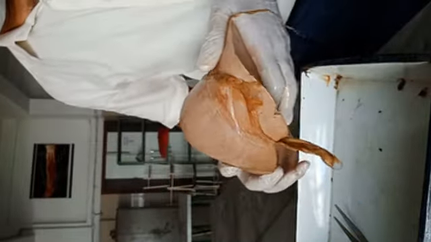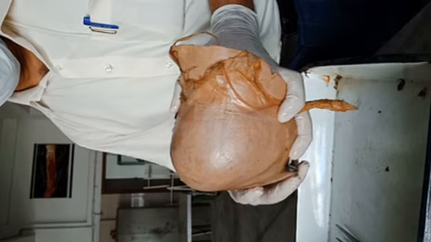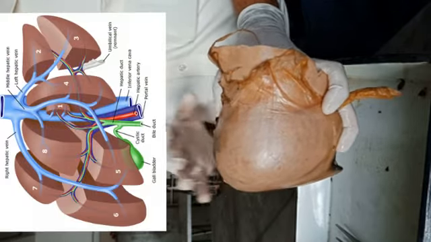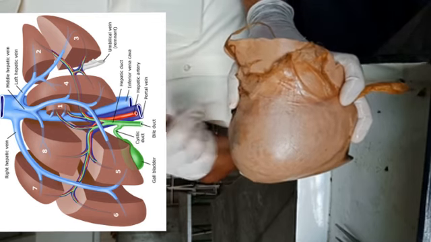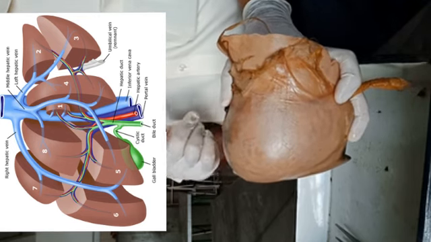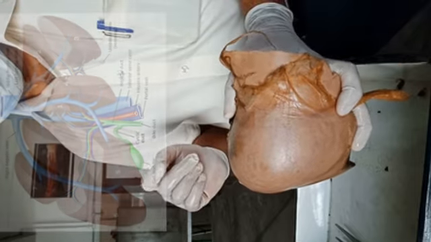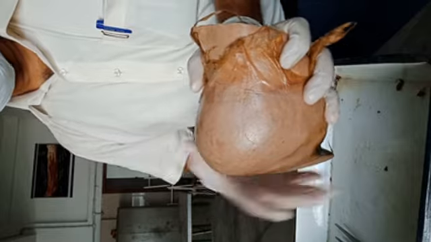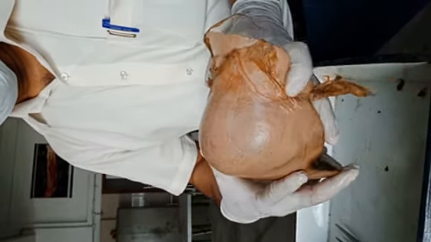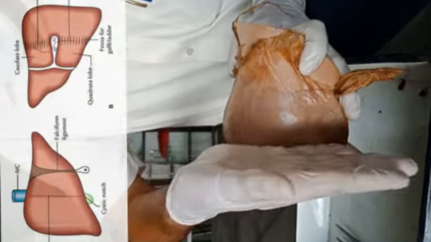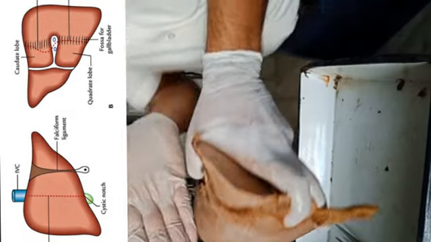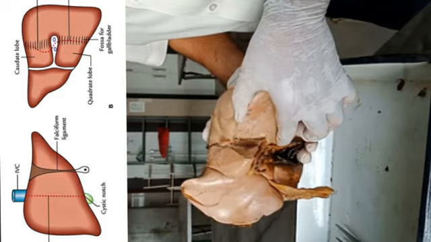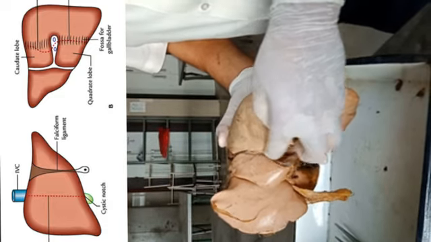Now we'll discuss the physiological lobes. Physiological lobes are formed due to the intrahepatic distribution of the hepatic artery, portal vein and the bile duct. Physiologically, the liver is divided in a sagittal plane, also called Cantlie's plane, and when it is taken posteriorly, it corresponds with the fossa for the gallbladder and the groove for the IVC.